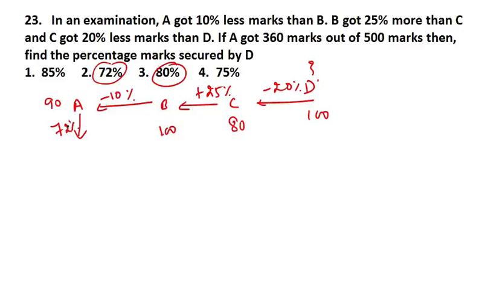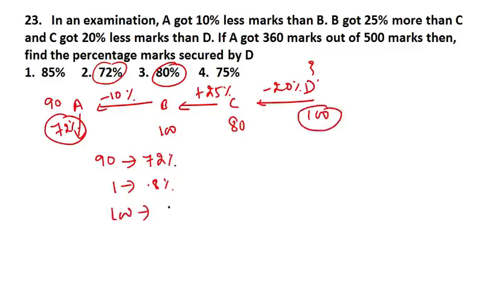Now here I got A as 90%, but I know A in reality is 72%. So do one thing, 90 represents 72%. Then 1 will represent, if you divide, 0.8%. So D is 100, so 100 will represent how much? It will represent 80%. If you multiply, you get 80. So my answer will be third.